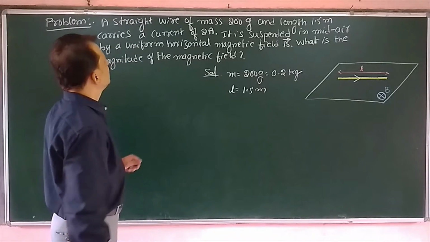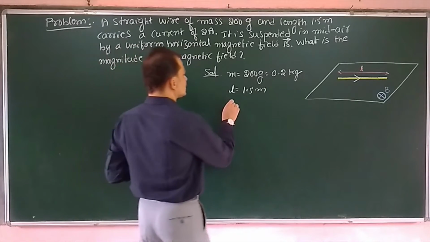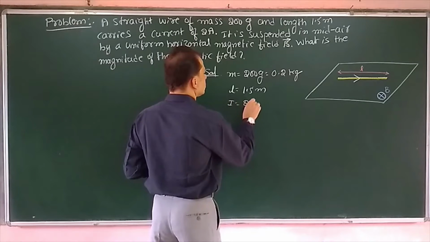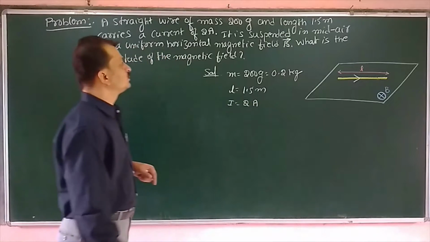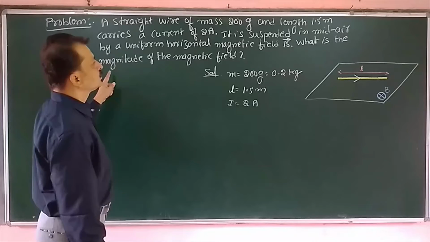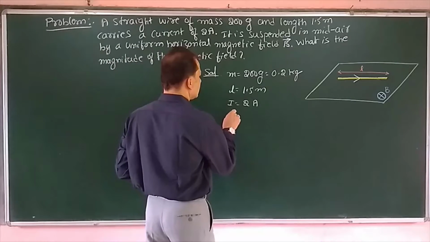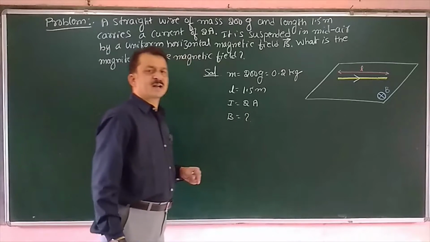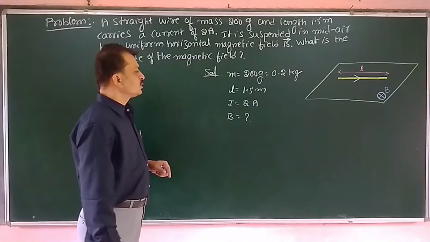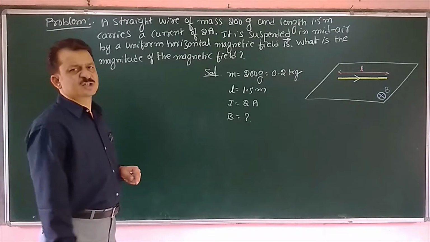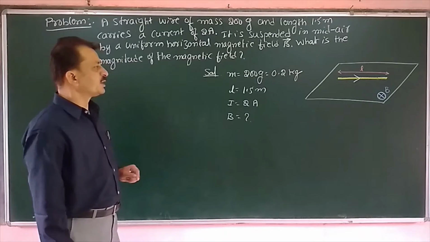And current flowing through the rod is given. That current is equal to 2 amps. What are we going to calculate? We have to calculate the magnitude of the magnetic field. Obviously, we know the value of g, acceleration due to gravity, it is 9.8.